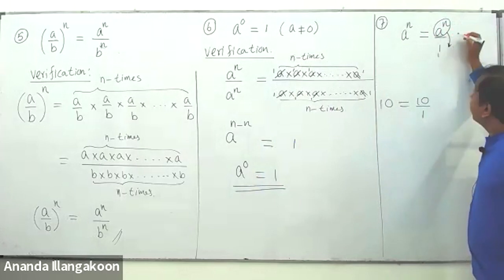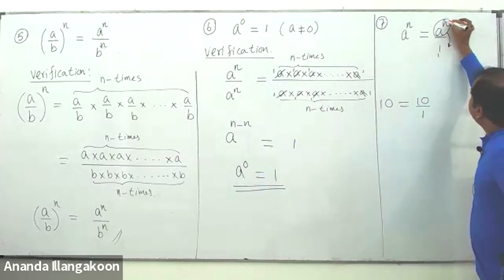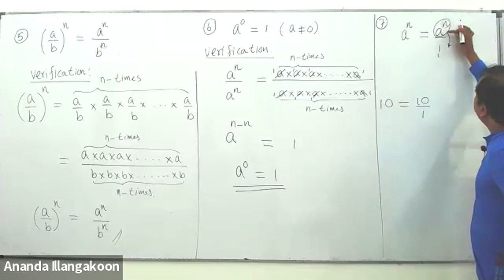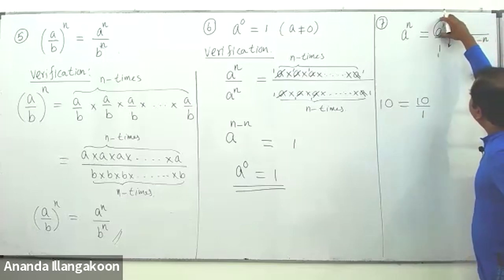Then this law says the sign of this power gets opposite. Once I bring this a to the power n to the denominator, it is now a to the power minus n. Once you take this to the denominator, here we have now 1.